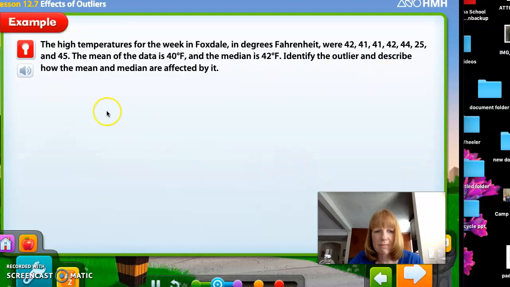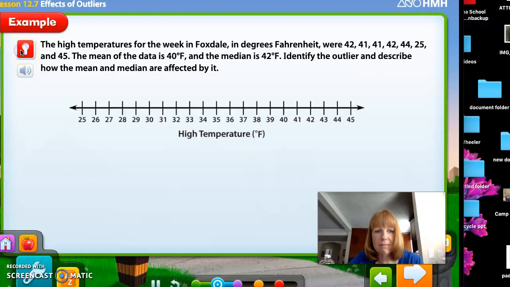Let's look at a set of data to determine if the outlier affects the mean and median. Let's unlock the problem. Let's make a dot plot to help us find any outliers in this data set. This dot plot shows one dot for each value in the data set. Notice that most of the data are values from 41 to 45. For this data, the value 25 is much less than the other values in the data set.